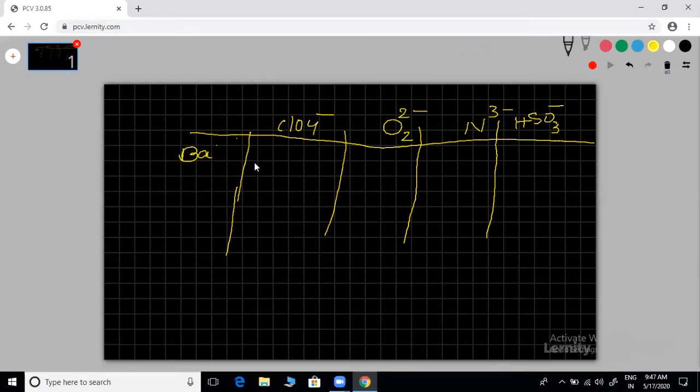I think you are done. If you are writing any formula, apply the crisscross method only. Don't write again from your own knowledge. This is BaO2, because this is 2 plus. Ba3N2.